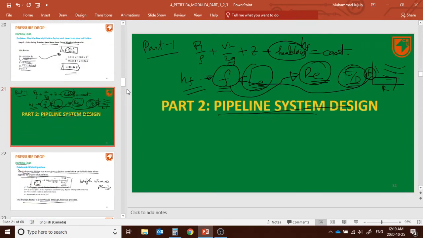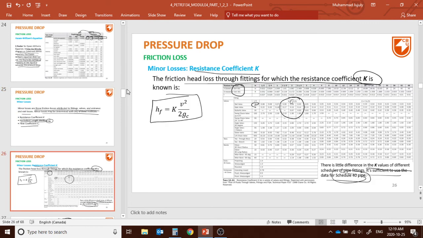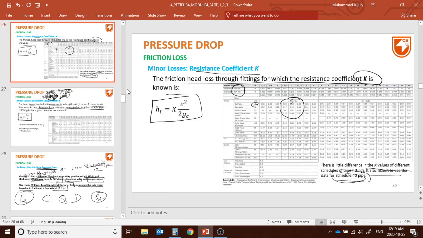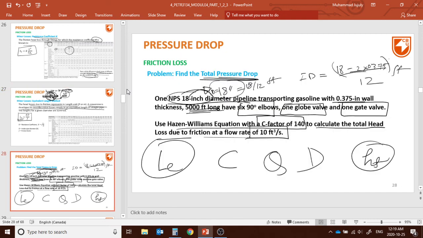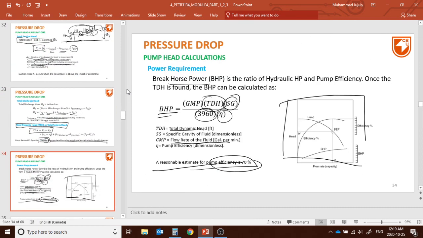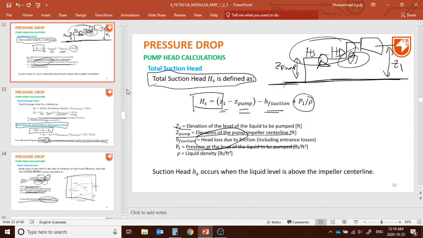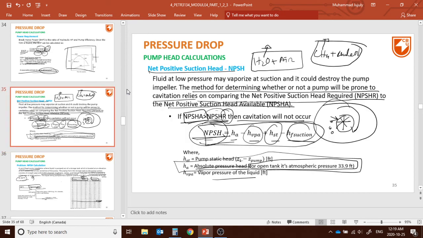The second part, we used the Colebrook-White equation and Hazen-Williams equation. We know how to calculate the equivalent length, then using the Hazen-Williams equation how to calculate the head loss, and then the total dynamic head, and a very important one, the NPSH.